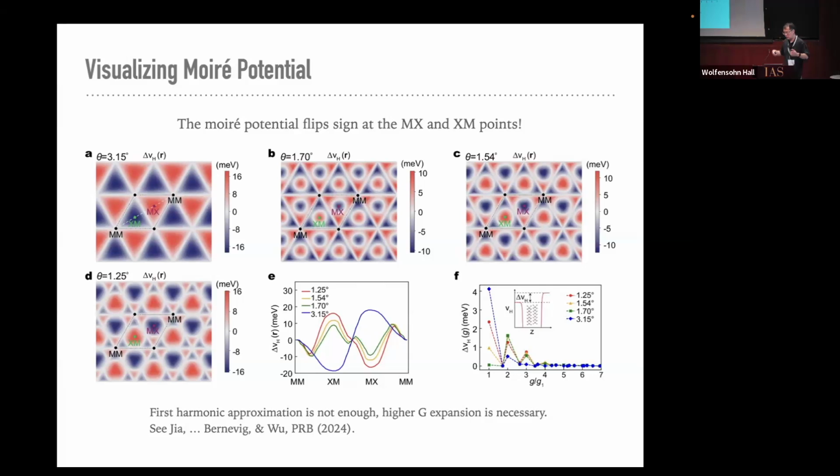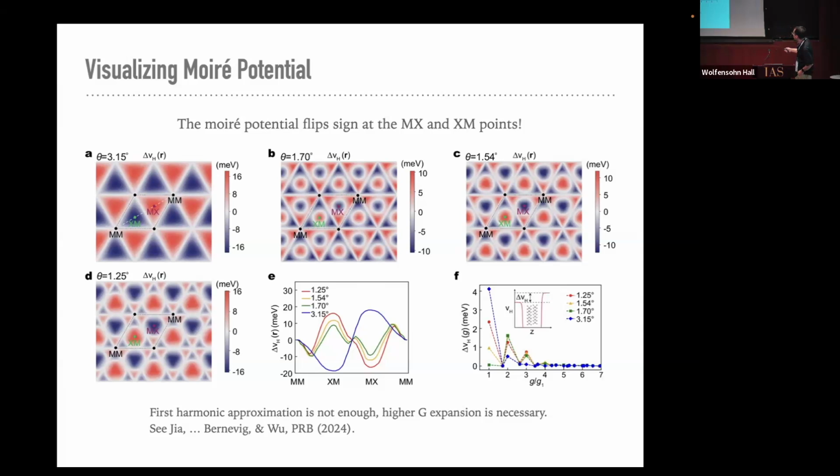And as we said earlier, if you just keep the pseudo spin texture, doing nothing, but just flip the North Pole and the South Pole, the skyrmion number would have to flip, and then the Chern number would have to flip. So this is actually consistent, right? It shows you that as you change the twist angle, somehow this real space layer pseudo spin texture is actually changing. And by the way, we can also look at the Fourier transform of all these Moiré potentials.